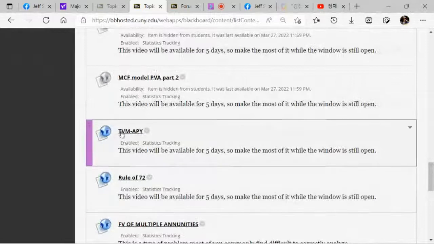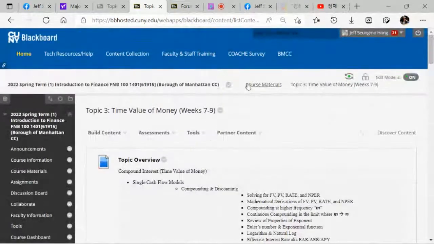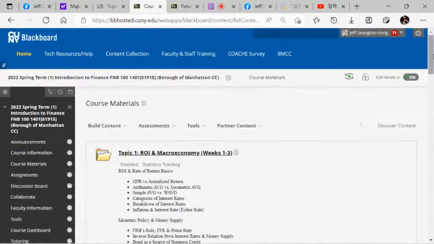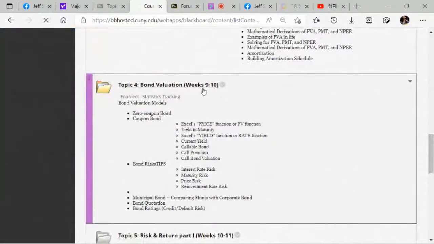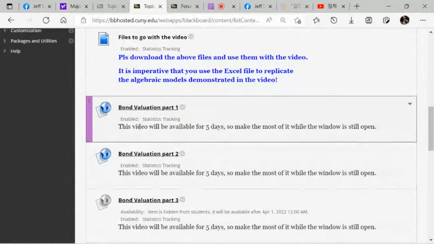Actually, as of today, there's still time value of money, active and current. And I believe you're already into topic 4, bond valuation as of today, right? You must be caught up all the way to this as of today.